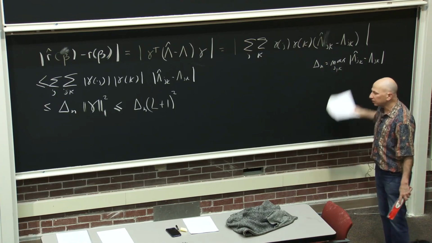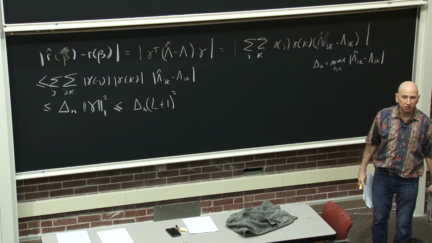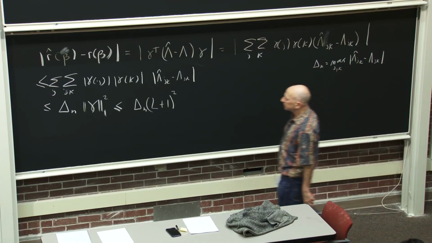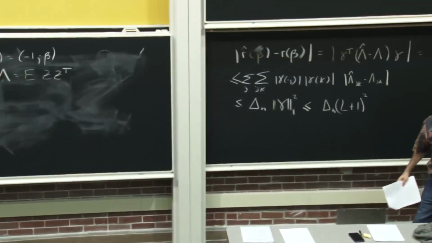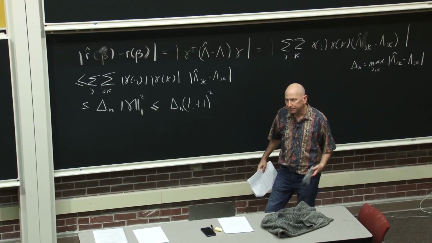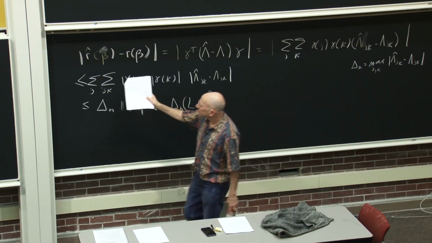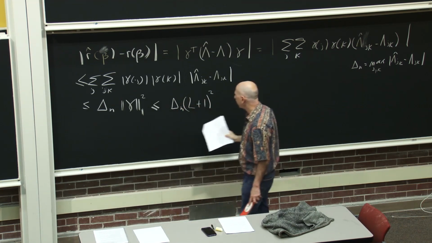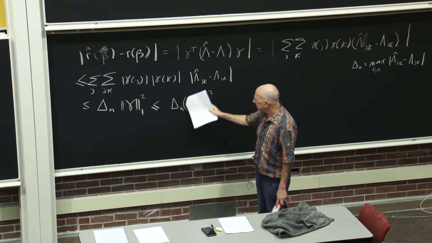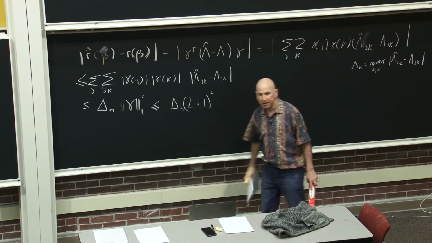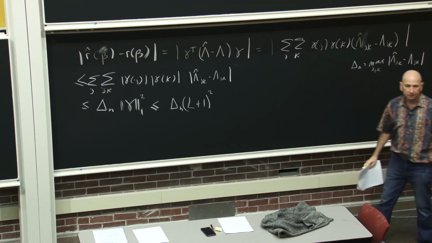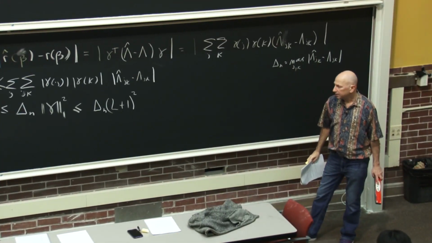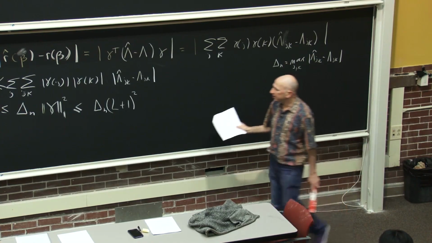We haven't bounded this yet. We'll come back to that. That's where our concentration of measure comes in. But what we've discovered is just by the nature of the lasso and how it's formulated, the empirical risk and the true risk are bounded by this L1 norm squared and this random quantity delta n. Okay? And so we're going to bound delta n in a minute.